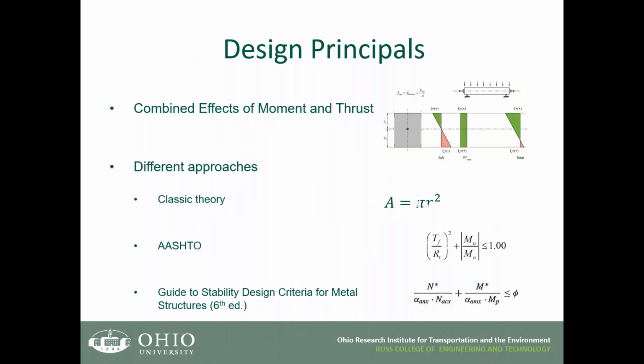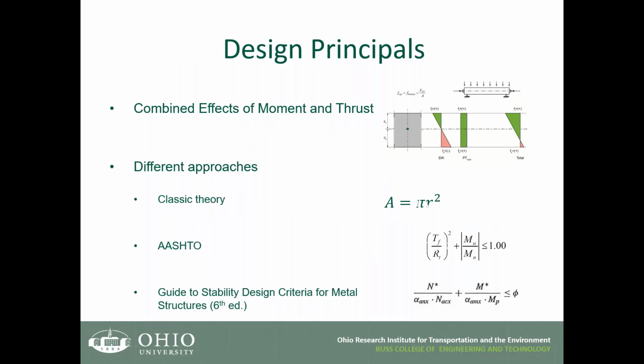So one is linear, one is hyperbolic. There's other ones that are actually elliptical, where the thrust is squared and the moment is squared. And really it's just curve fitting. Which way does the particular author want to fit to the data that's available on the combined interactions? So it isn't necessarily a theoretical investigation. It's very much an empirical investigation to get what relationship you want.